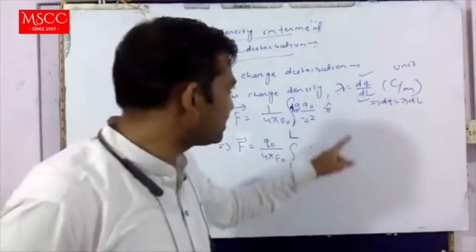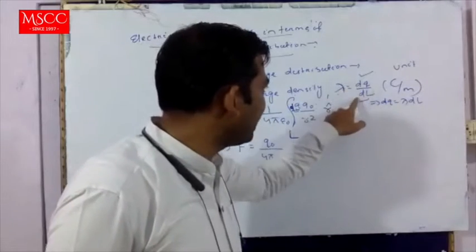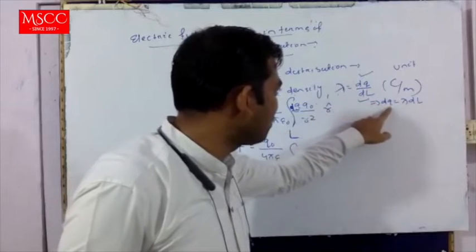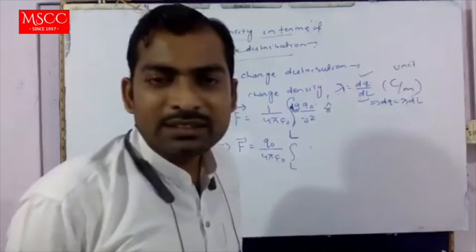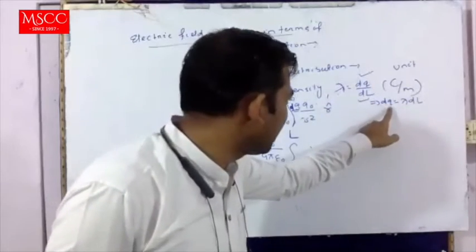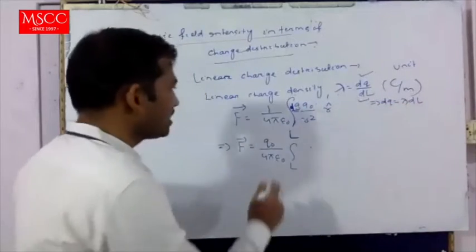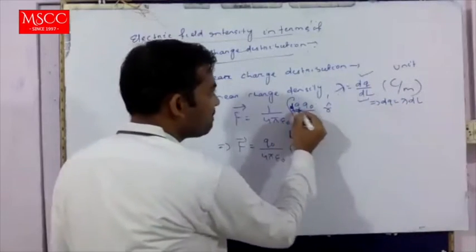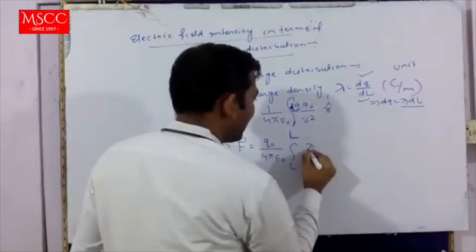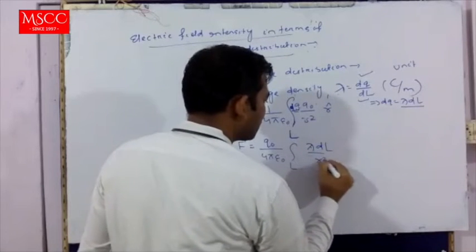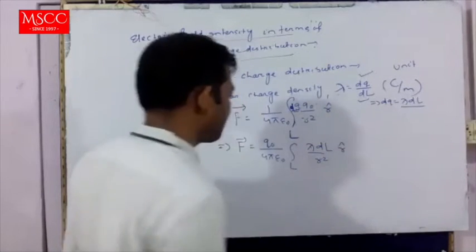Since lambda equals dq by dl, dq equals lambda into dl. That means in place of dq we write just lambda into dl. In this expression, in place of dq, we can write lambda into dl by r square r cap.